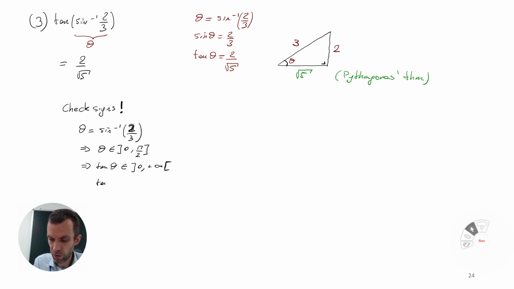So in particular, tan theta is positive. And that tells us that yes, our answer is correct. It's the plus 2 over square root of 5. And in a second, we'll see an example where the signs flip, where you get the right magnitude, but you have to adjust the signs.